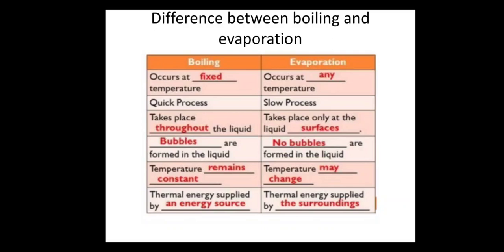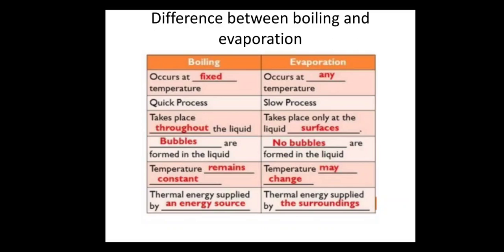During boiling, bubbles are formed, but no bubbles are seen during evaporation. Temperature remains constant in boiling, while temperature may change during evaporation. And thermal energy is supplied by an energy source in boiling, while it can be taken from the surroundings during evaporation.